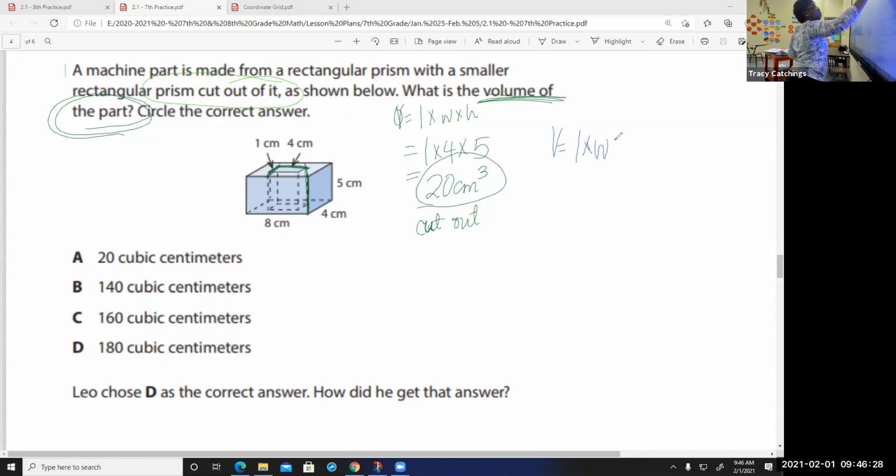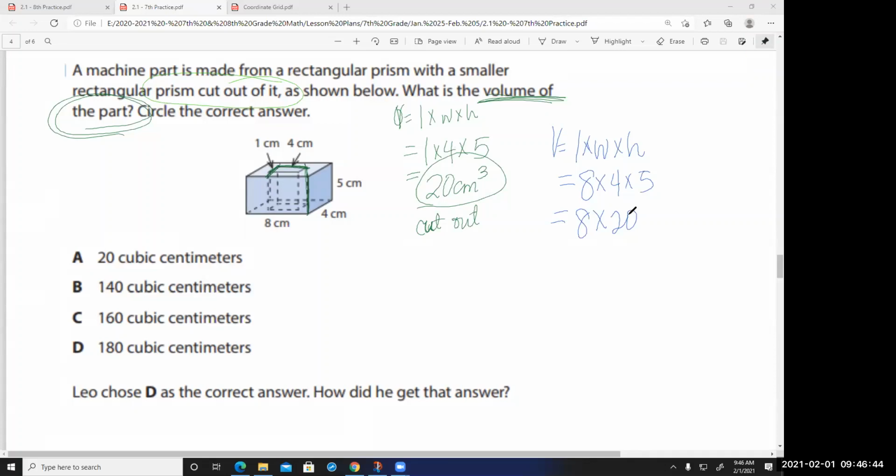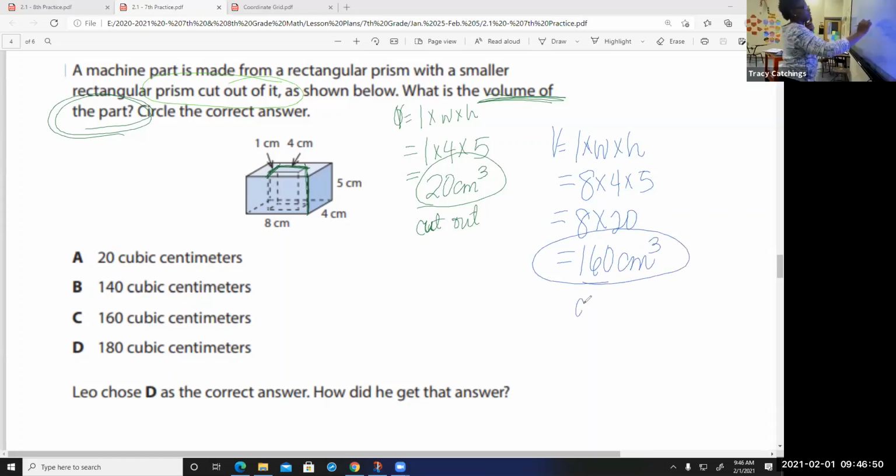So what's the length, the width, and height of all of it? 8, 4, and 5. I already said 4 times 5 was 20. 8 times 20 is what? 160 cubic feet.